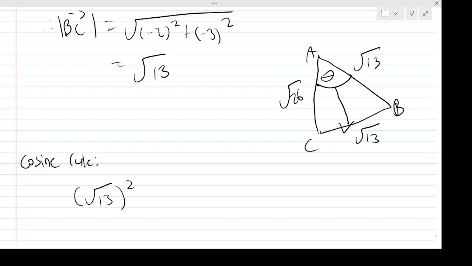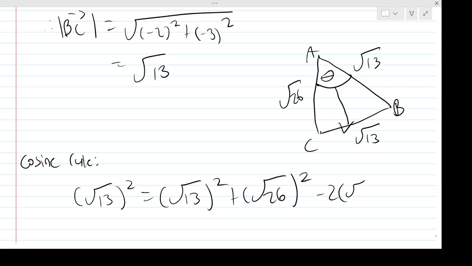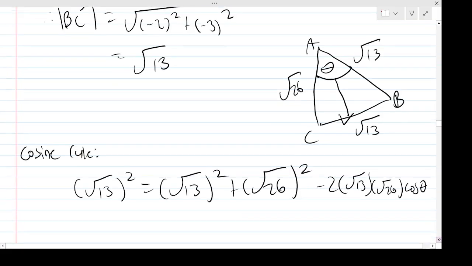It's a squared equals b squared plus c squared minus 2 lots of b times c cosine of the angle. So root 13 squared is going to be the other two sides all squared minus 2 lots of root 13 root 26 cosine of theta. And we want to solve for theta.